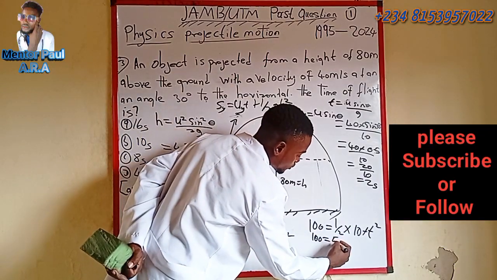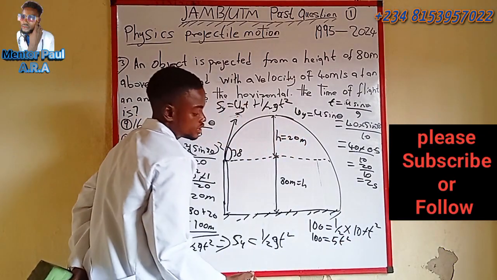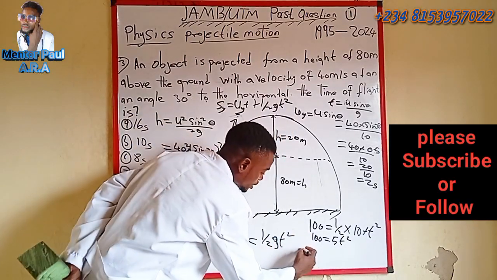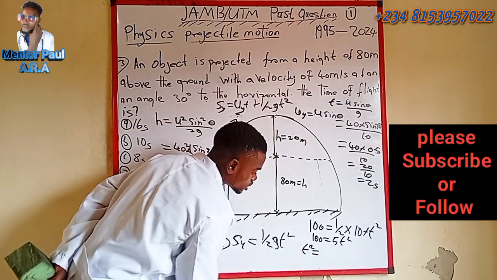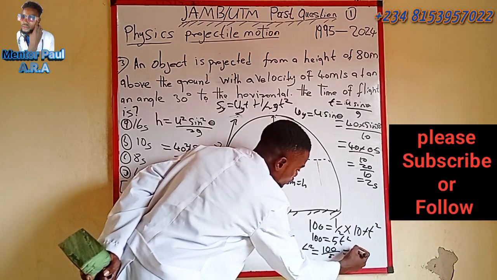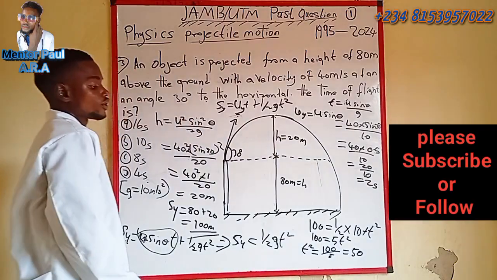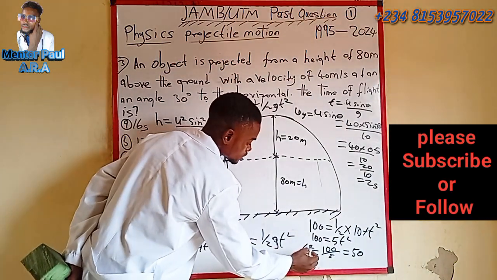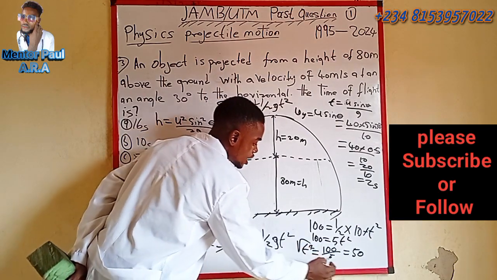Now we have 5t squared, and this 5 is going to divide both sides. We have that t squared is equal to 100 divided by 5, which gives us 50.